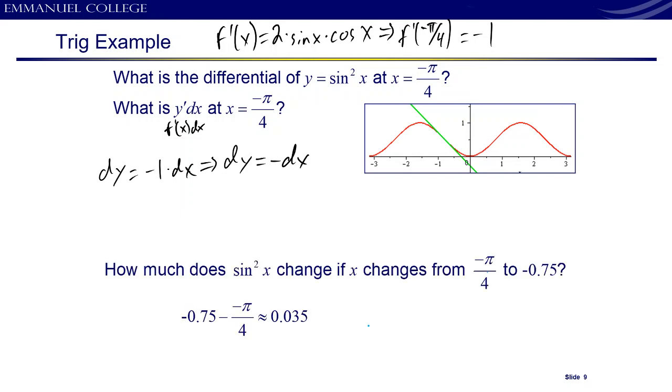So if I say how much does sine squared x change if it goes from negative pi over 4 to negative 0.75, well, that's approximately a change of 0.035. So from that, we get dy is equal to just negative 0.035.